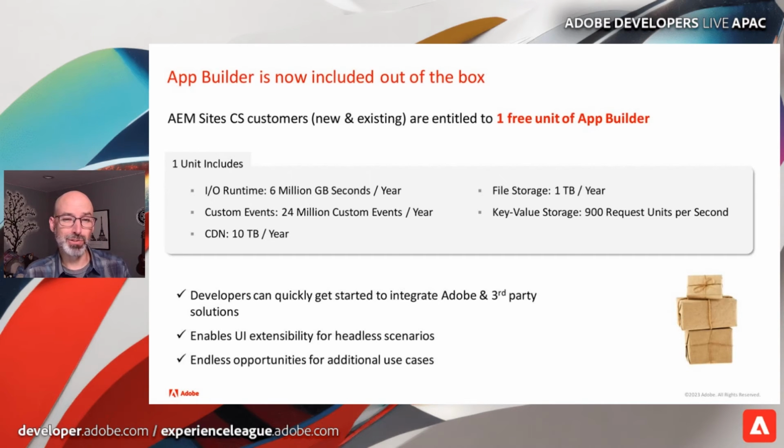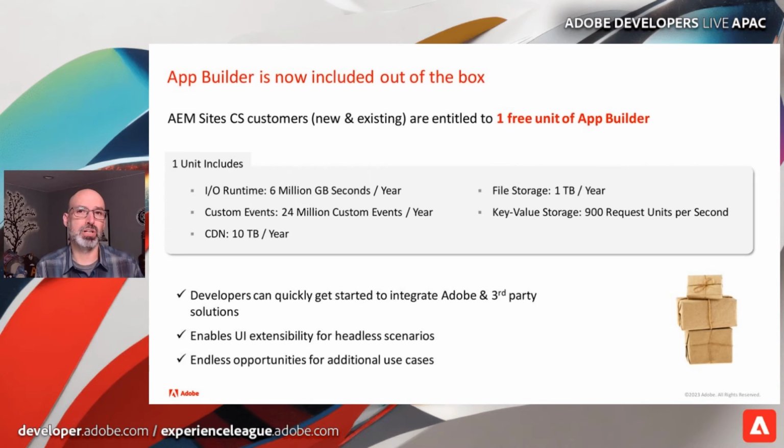If you're thinking, so what does that mean to me? One unit will allow you to do a lot of UI extensibility work. One of the other common use cases that I don't have in here, I don't think Mark has it in his video, but maybe he does, is with AEM Assets, which has the ability to create custom workers.